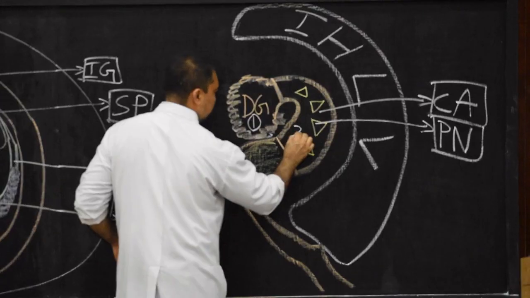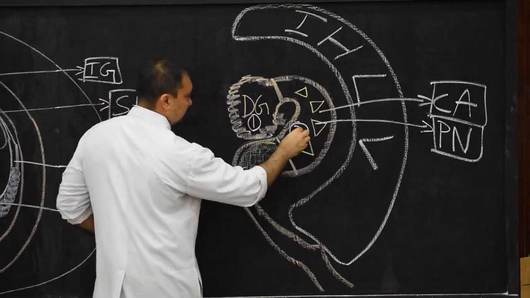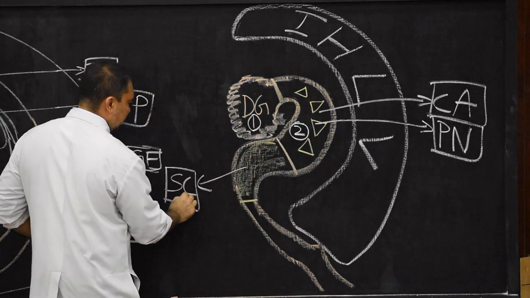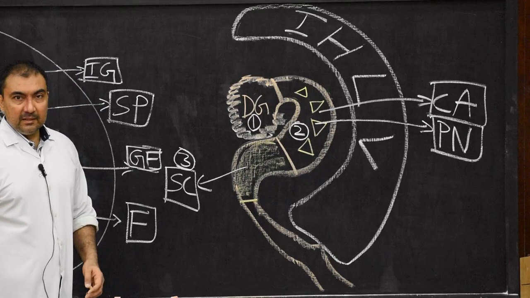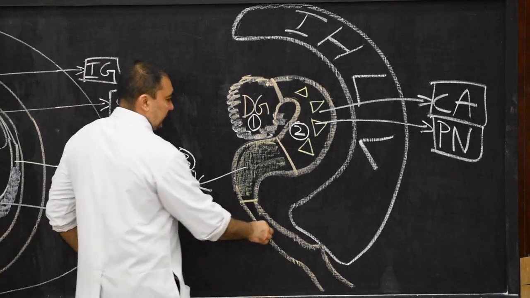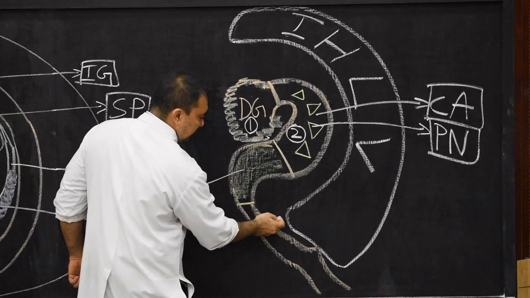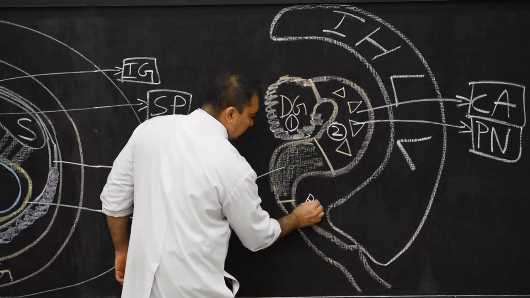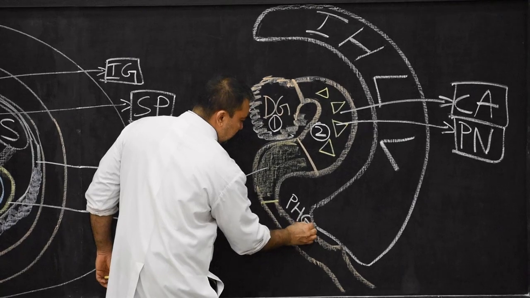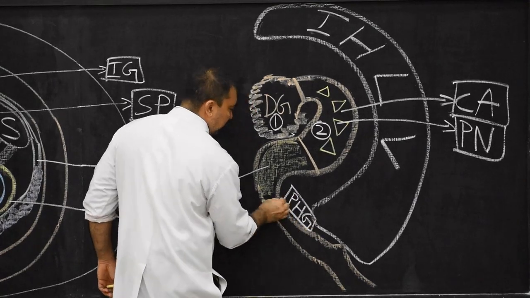Second structure, this is the second structure, which is known as the cornu ammonis, and third structure, this is the third structure, which is known as subiculum. Here we show that this structure which is present here will be known as the parahippocampal gyrus.